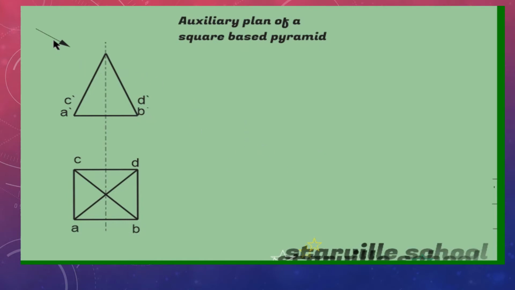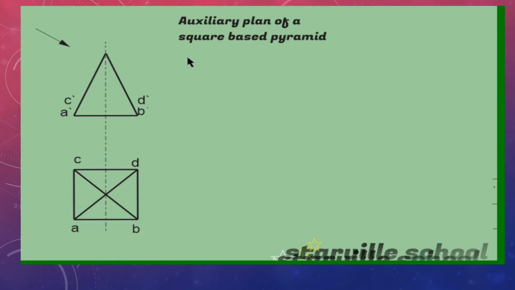That's why the arrow is there. And whenever we are asked to draw the auxiliary elevation, our projections usually come from the plan. So everything we are doing now, when we are asked to draw the auxiliary elevation, we will do for the elevation side. I hope you understand what I'm trying to say.